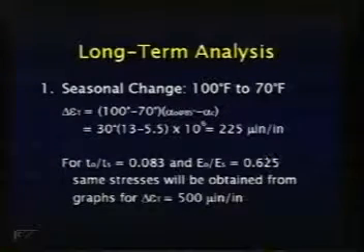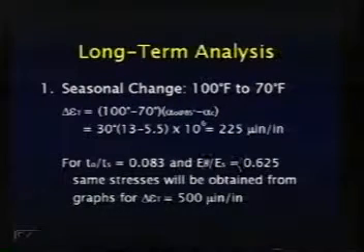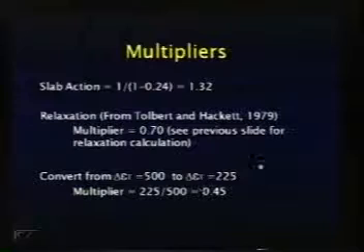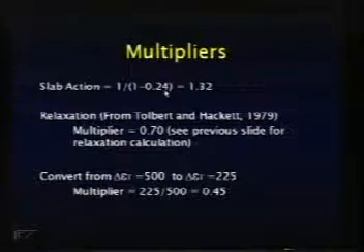And we find that for the seasonal change, 100 degrees down to 70 degrees, we have a strain of about 225 microinches. We have the same ratios of thickness and modulus that we had before. So we'll have to correct from the 500 microstrain. The multipliers again would be the one for slab action, because we're using a slab rather than the beam. Then we're going to relax it.